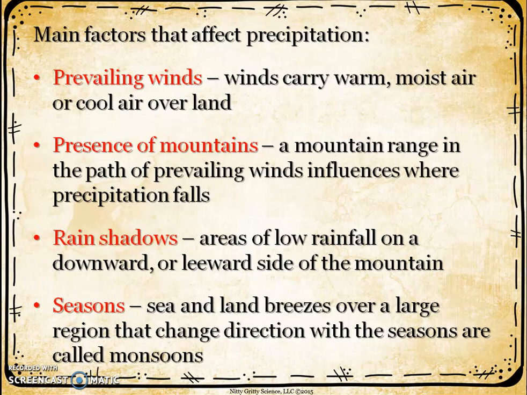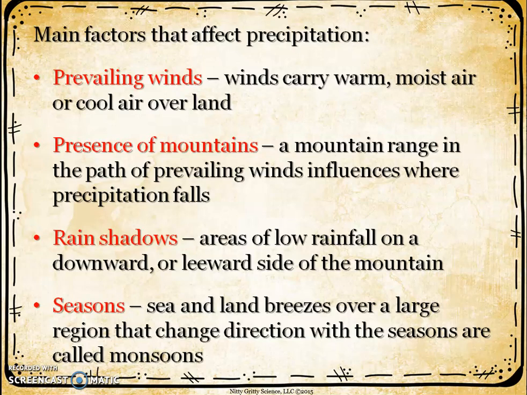Well, that's probably about the fastest I've ever gone through notes. Please look at your notes, look at the terms, go through the terms, make sure that you are familiar with them. Make sure you know what a climate and a microclimate is.